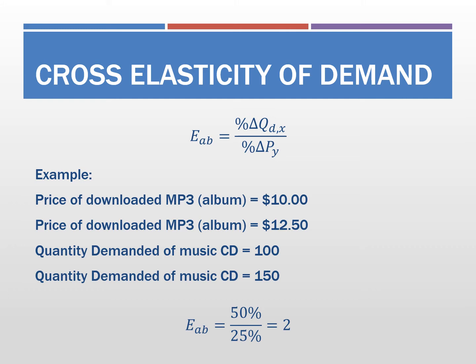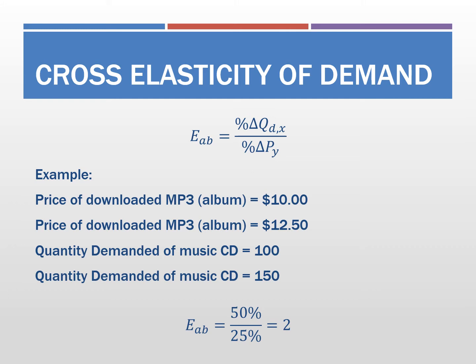Very similar to the interpretation of elasticity of demand, when we interpret the coefficient that we get from elasticity of demand, the number represents the percentage change in quantity demanded of the same product in the market for every 1% change in price of the product.